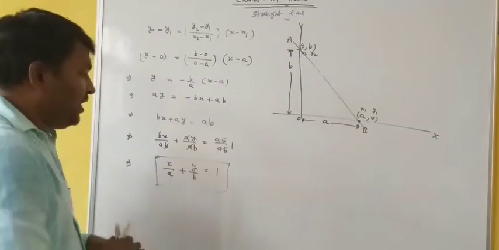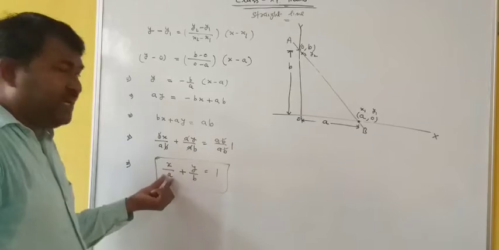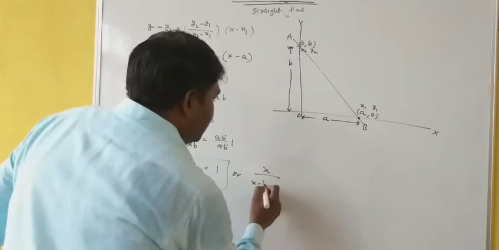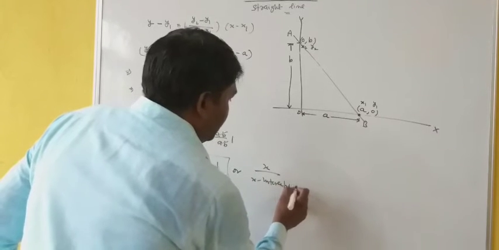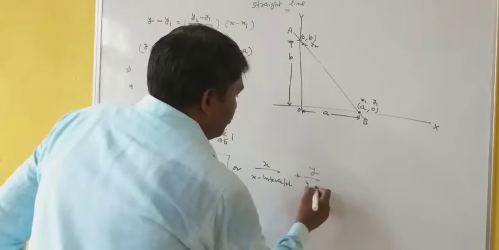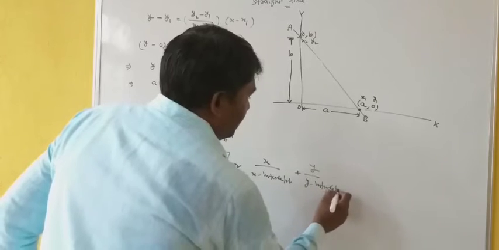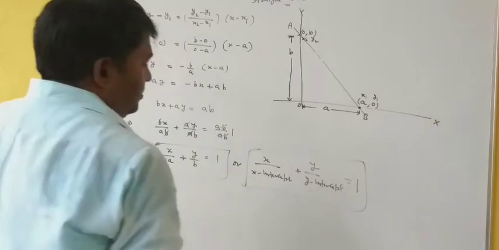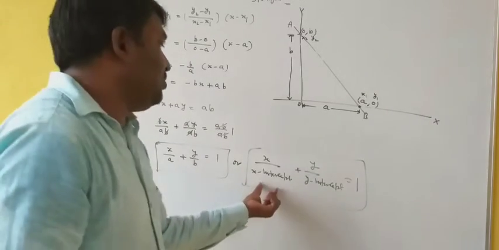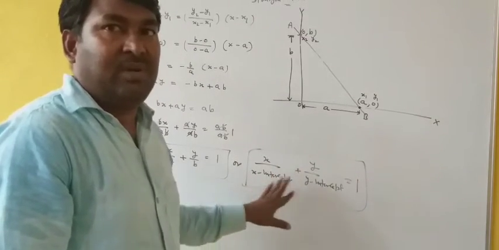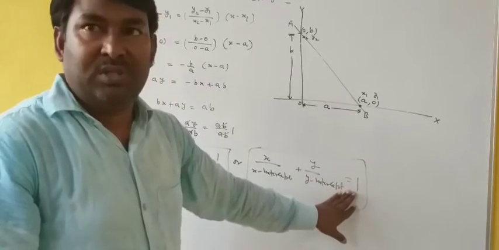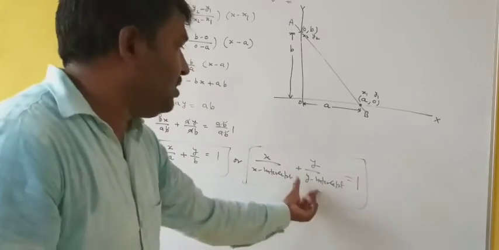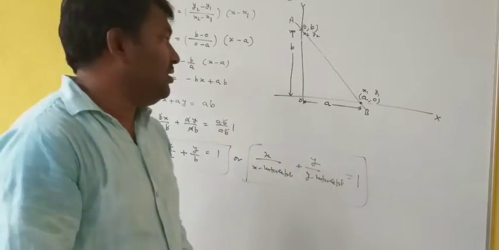Just see, we can learn it easily: x upon x-intercept plus y upon y-intercept is equal to 1. Here if both x and y intercepts are given, then we can put them here and directly find the equation of a line.